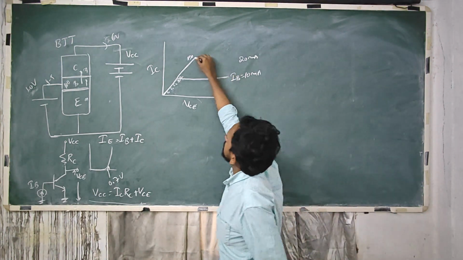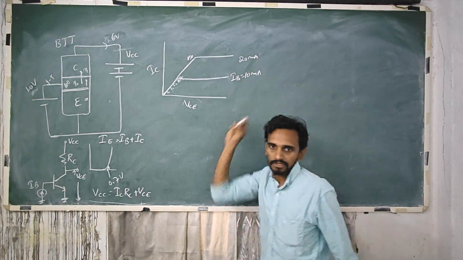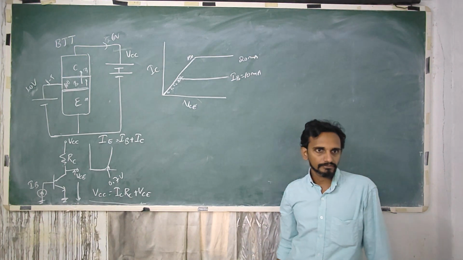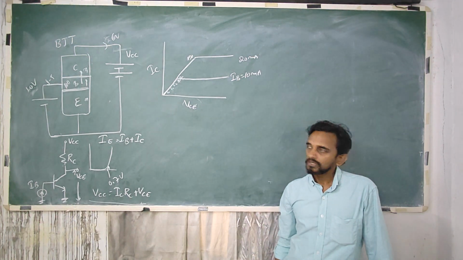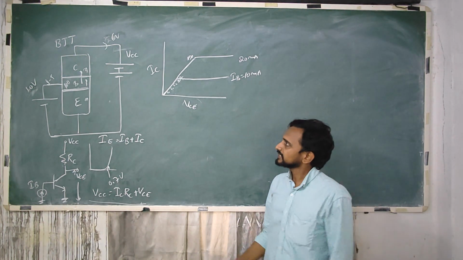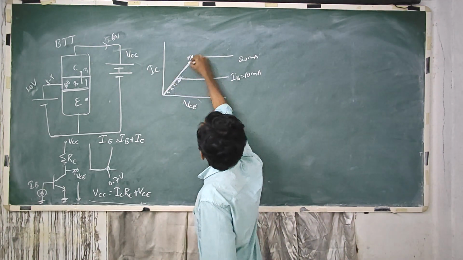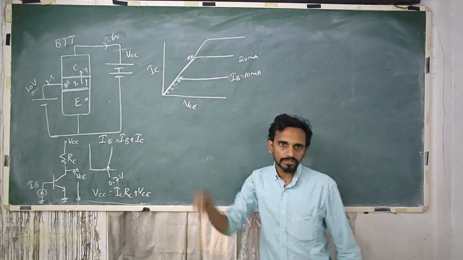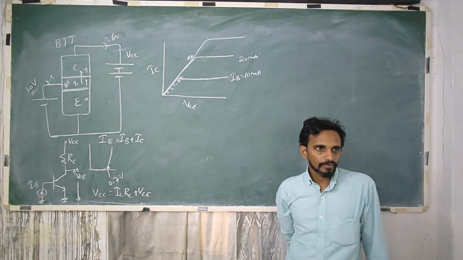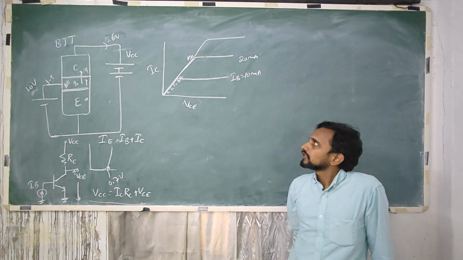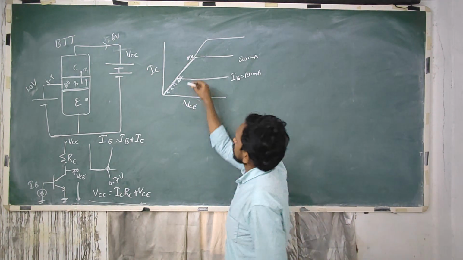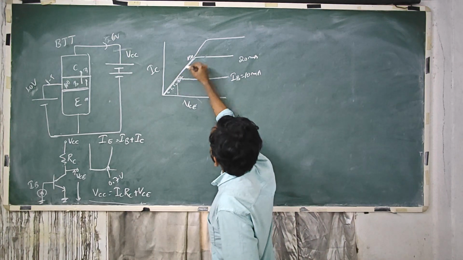And once the 190 count reaches, current remains constant. Okay, the same way if I raise the IB value further, this is the situation.